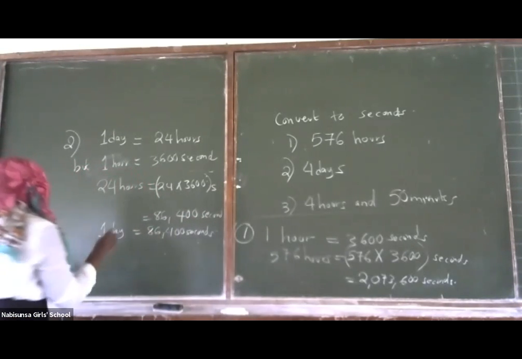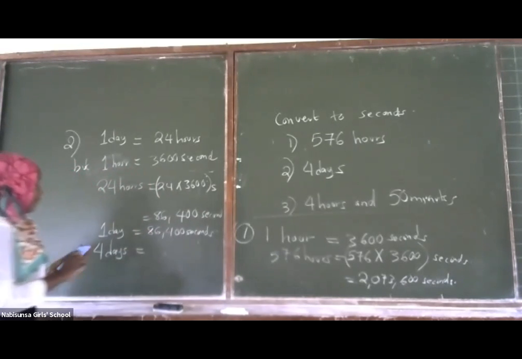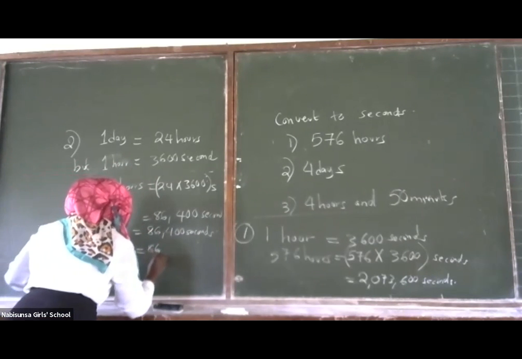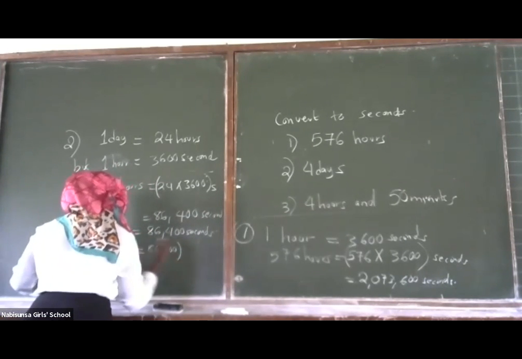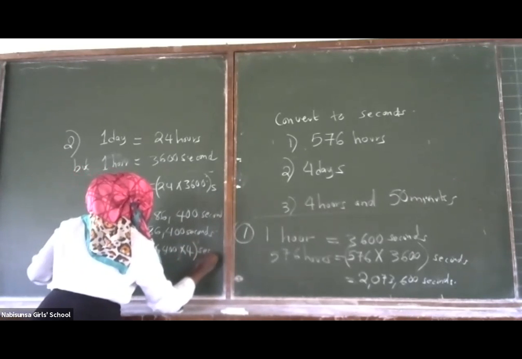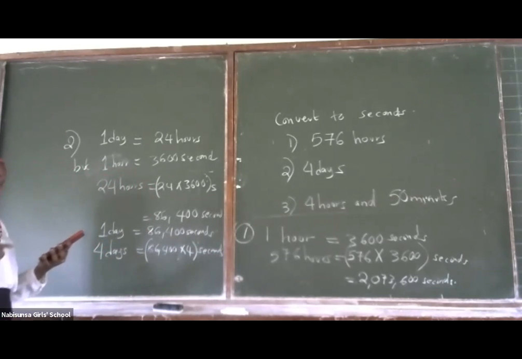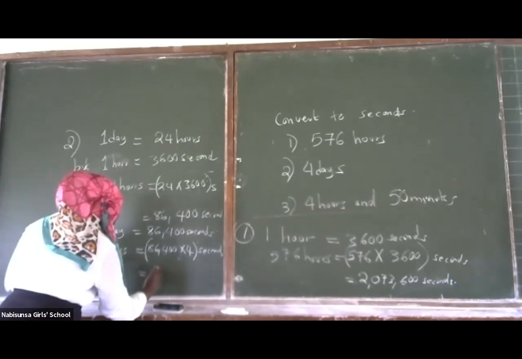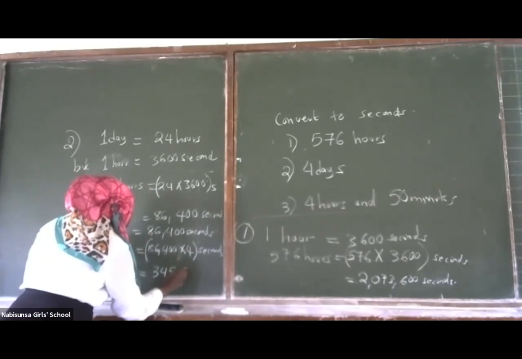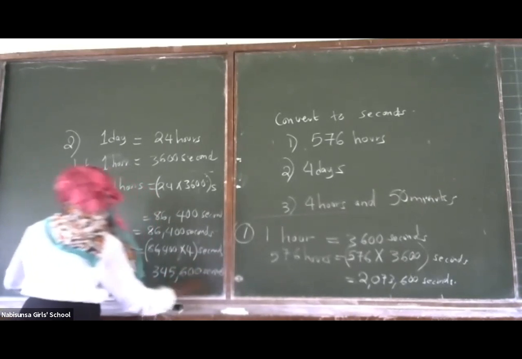How about now the 4 days? The 4 days would have 4 times 86,400 seconds, which will give us 345,600 seconds.